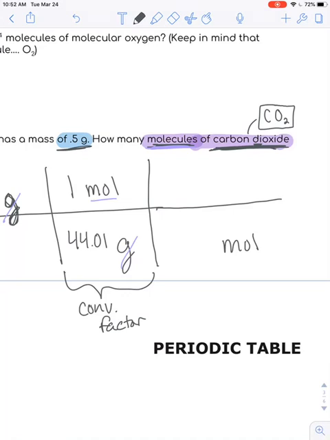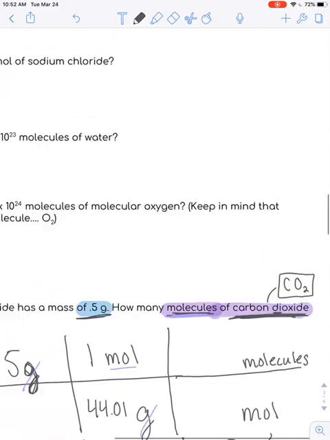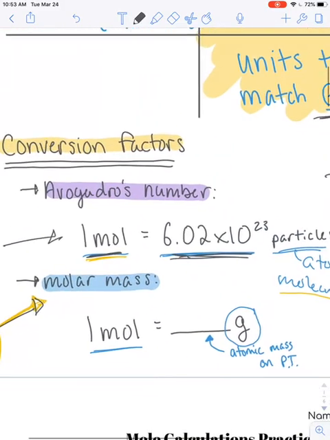Now I can put my goal unit, molecules, on the top. We need a second conversion factor that tells us how many molecules are in a mole, and that is something we know.